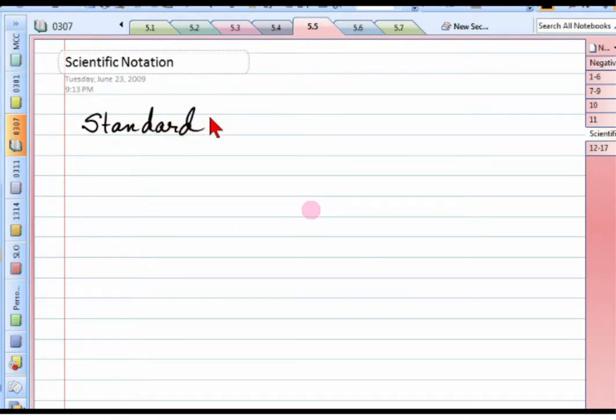Standard notation is just the way you write numbers. Maybe we have a really big number, 5,200. We'll just say it's 5,200. That would be the number in standard notation. Scientific notation has the following characteristics, and I know you've been exposed to this sometime somewhere.